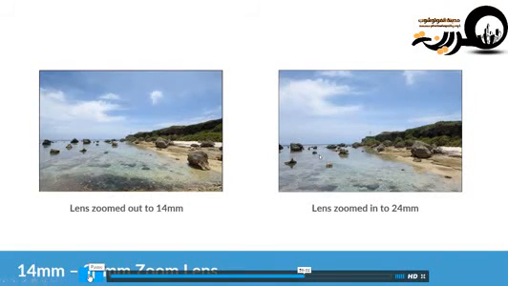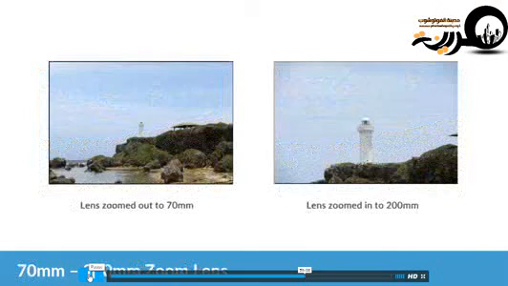And when we zoom in, we lose a little bit at the edges. But there tends to be less distortion when we zoom in a little bit as well. Same with our telephoto zoom lenses too. When we're at 70 millimeters, we're getting this much of the scene in, and then we zoom into 200 millimeters, and we're pretty much just photographing that lighthouse on its own again.